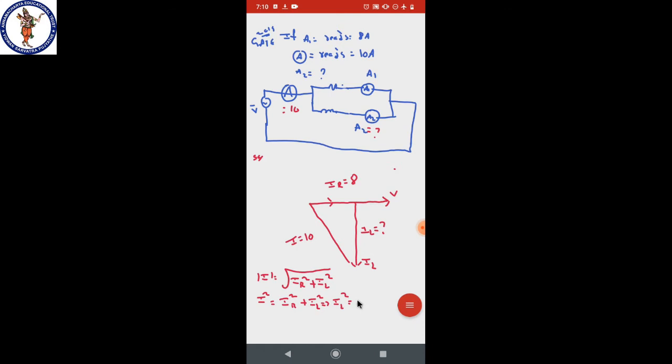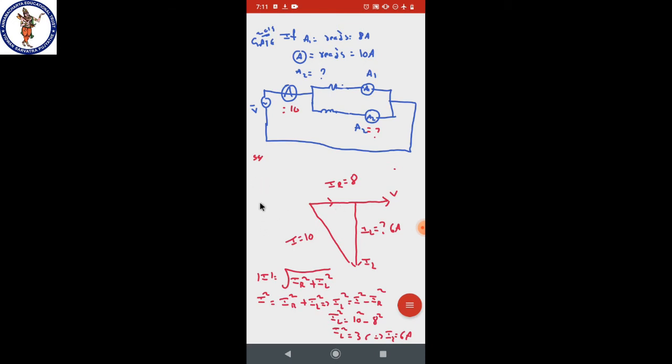Now IL square equals I square minus IR square. I square means 10 square, IR square means 8 square. 10 square is 100, 8 square is 64. You will get IL square equal to 36. Finally IL equals 6 amperes.